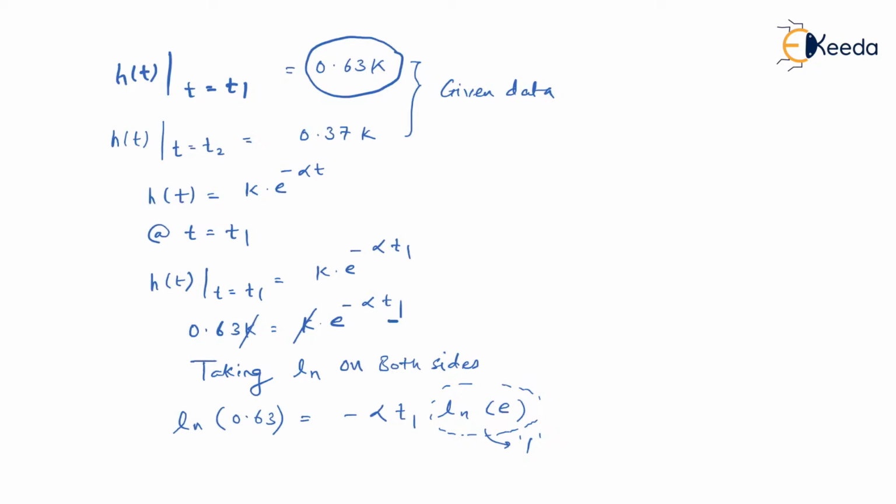So what is left is alpha equal to ln of 0.63 upon minus t1. Just calculate ln of 0.63 on your GATE calculator or a scientific calculator. You'll get ln of 0.63 comes out to be minus 0.462, but since we already have a negative sign in the denominator, I can write alpha as 0.462 by t1.